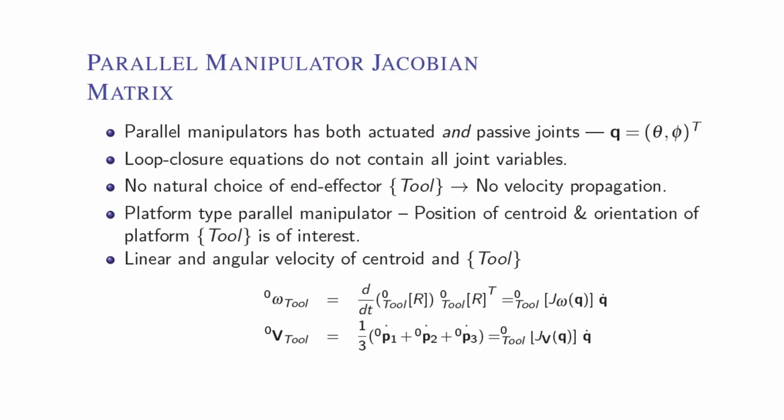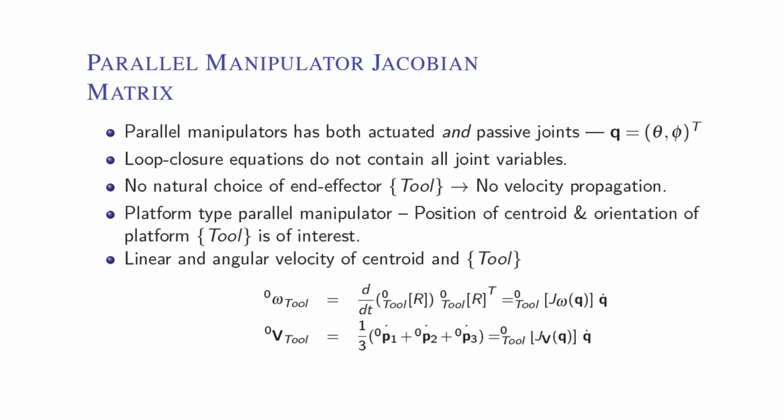In this session, I will be discussing how to determine the Jacobian matrix in a parallel manipulator. In the earlier sessions we have seen how to determine the serial manipulator Jacobian matrix.